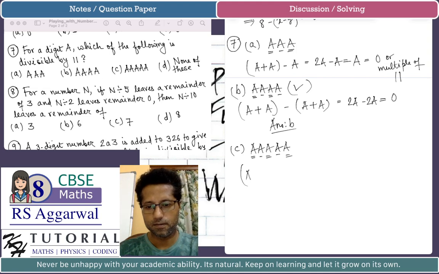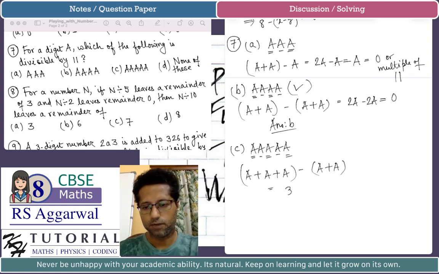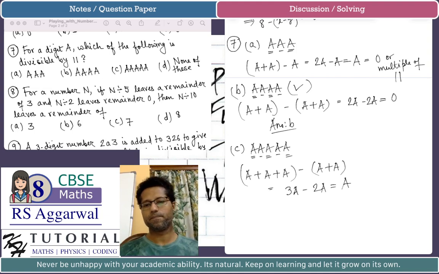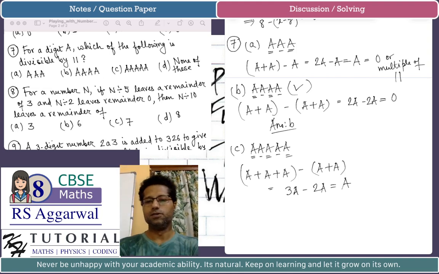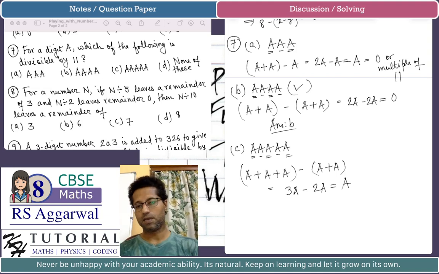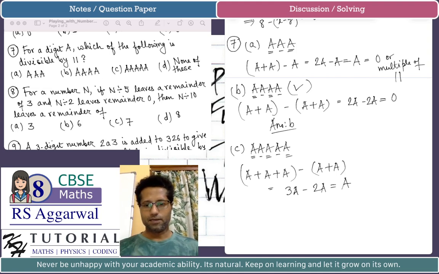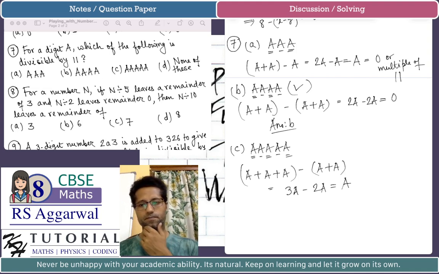We get A plus A plus A minus A plus A, which is equal to thrice A minus twice A, which is equal to A, which depends on A. So this 5-digit number where all the digits are A will be divisible by 11 only if the digit A is 0. So it will not work for any digit A. So clearly we can see that the correct choice is B. The correct choice is B.